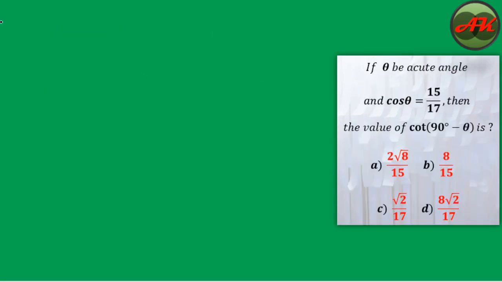Now the next problem: if theta is the acute angle and cos theta is equal to 15 by 17, then the value of cot 90 minus theta is. They have told that theta is an acute angle. So here cos theta is equal to 15 by 17.